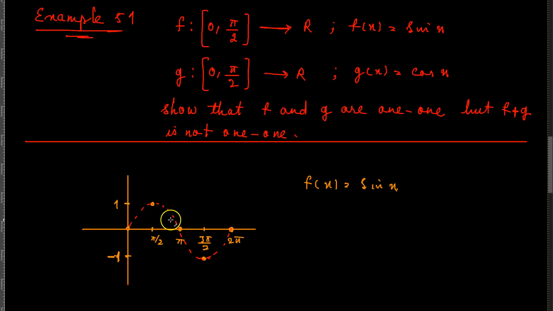Now, of course, you can see that if you go from 0 to 2 pi, the function is not 1, 1.